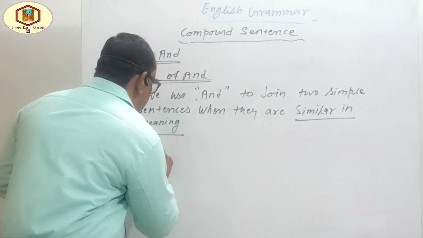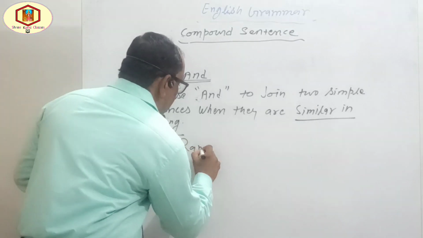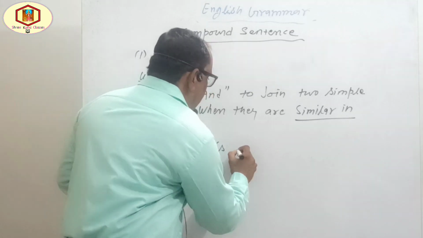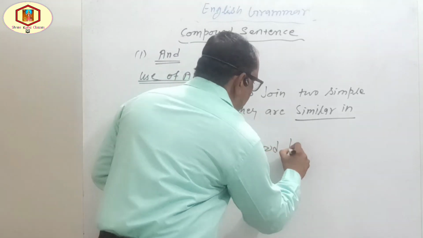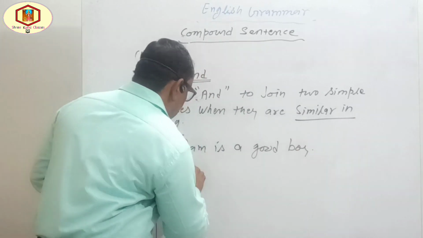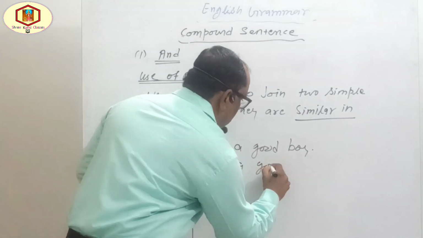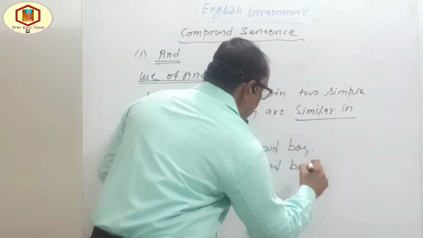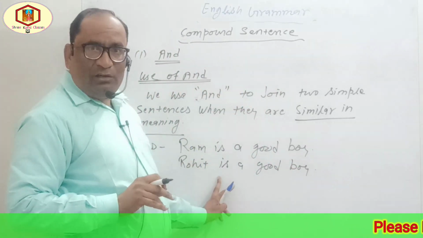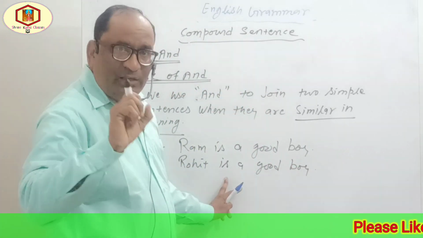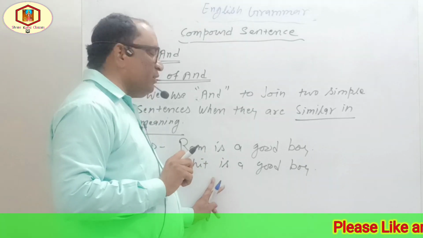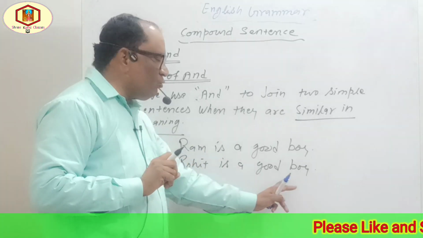As, Ram is a good boy. Rohit is a good boy. These sentences are similar in meaning. Ram and Rohit both are good boys.